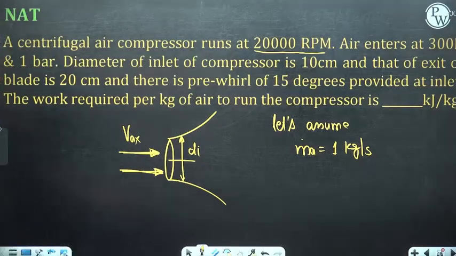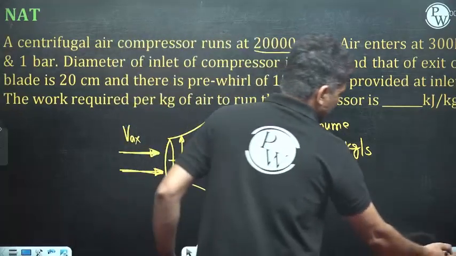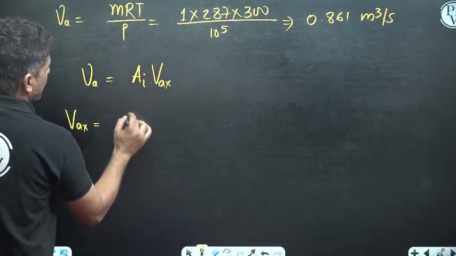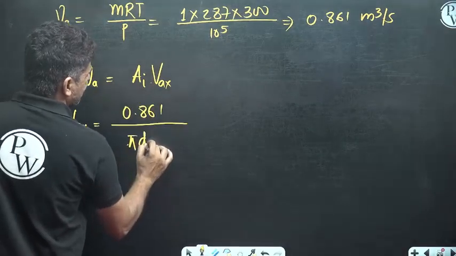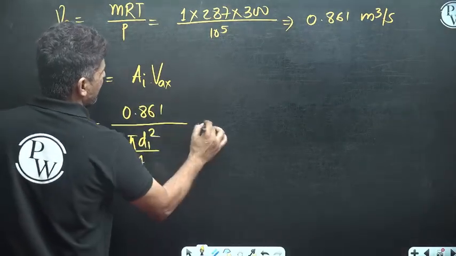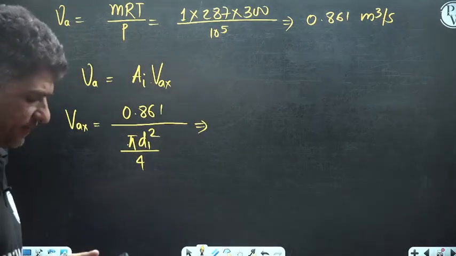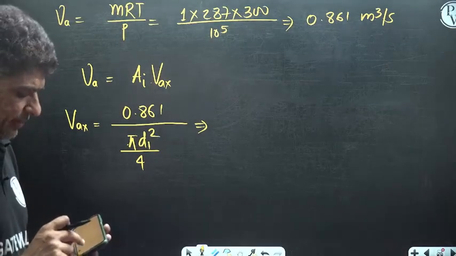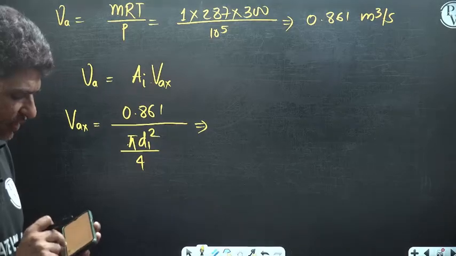If the flow is axial at the inlet, we can calculate the axial velocity with which it is coming. So from here, the axial velocity will be equal to 0.861 divided by pi d inlet square divided by 4. So we calculate this: 0.861 divided by pi d square by 4, which is 0.861 multiplied by 4 divided by pi multiplied by 0.1 square.